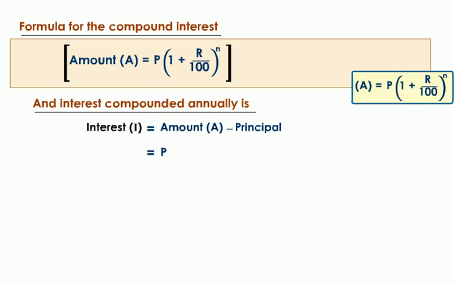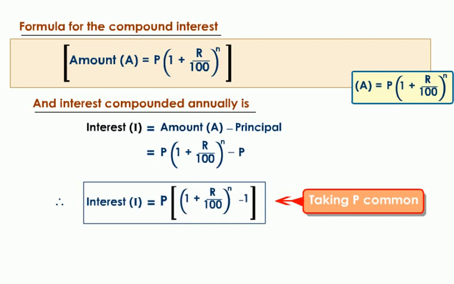Therefore, interest is equal to principal into 1 plus rate divided by 100 whole to the power n minus 1.